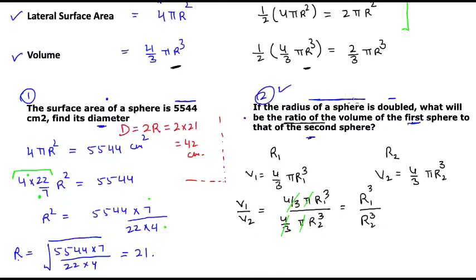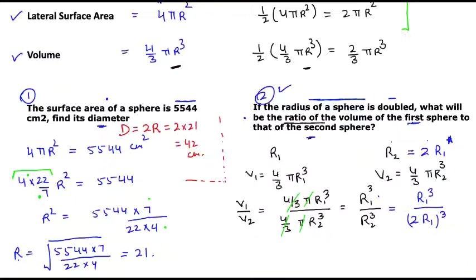The condition is that the radius of a sphere is doubled, which means the second sphere radius is equal to twice the radius of sphere 1, right? We are going to simply substitute this condition in this expression, and then what you obtain is that this ratio is equal to R1 cube divided by (2R1) cube.